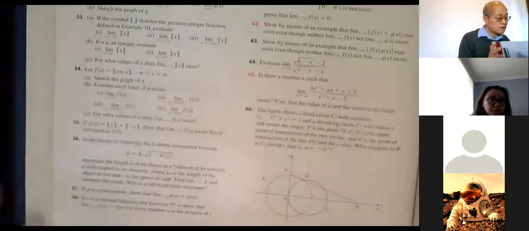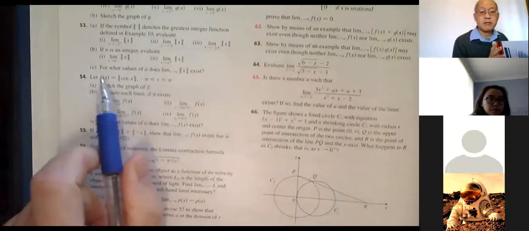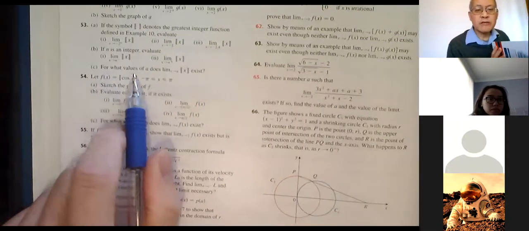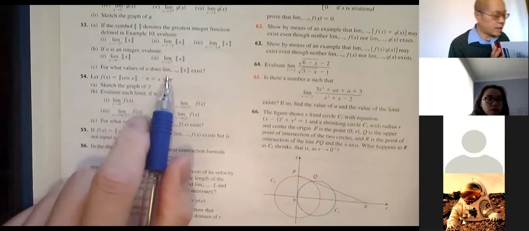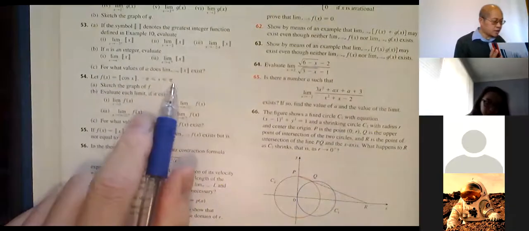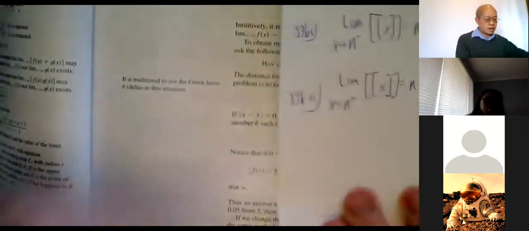All right, and finally, part C. For what values of A does the limit as x approaches A of the greatest integer function exist? So 53C, if you can't read it.